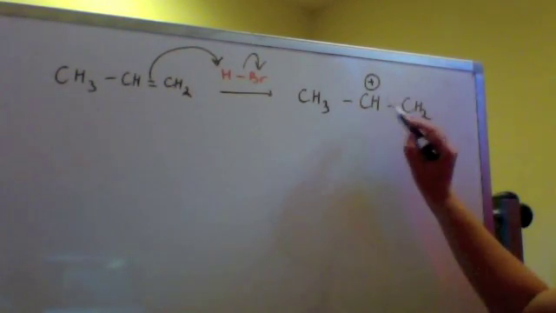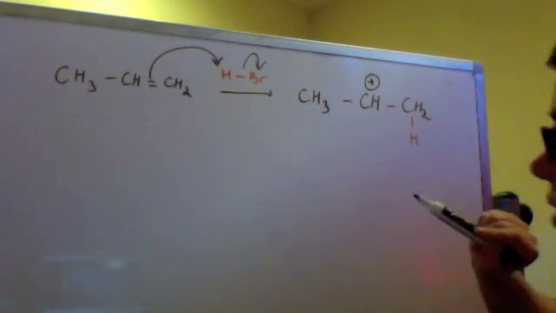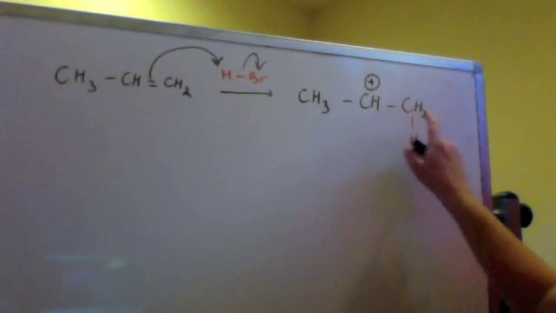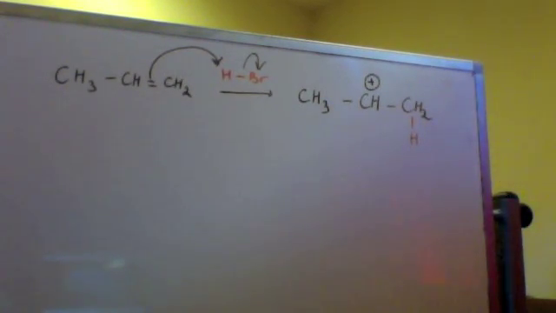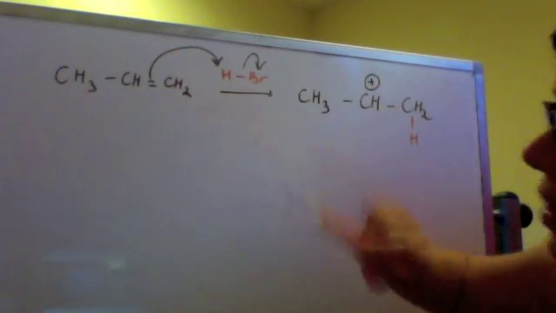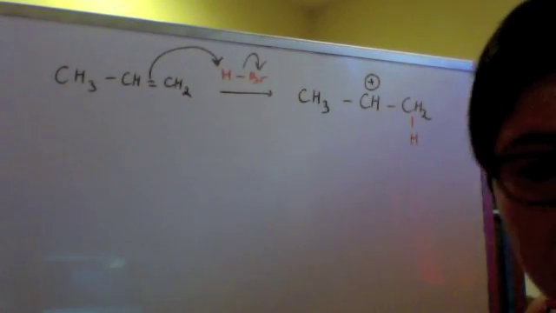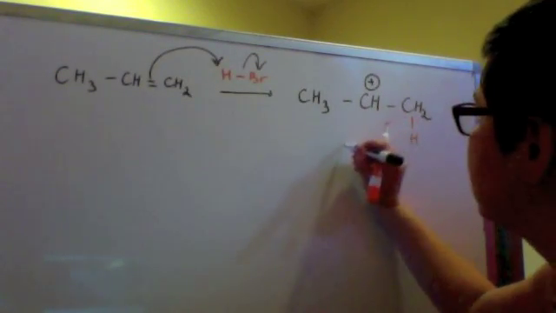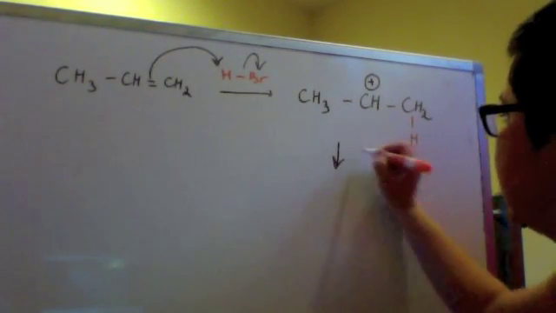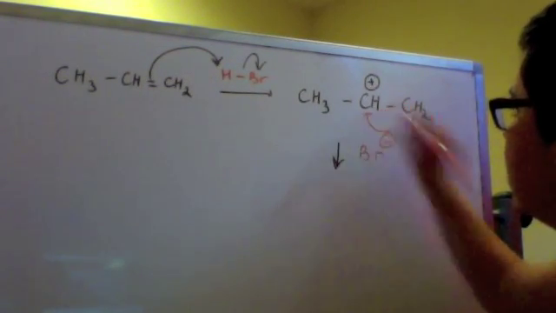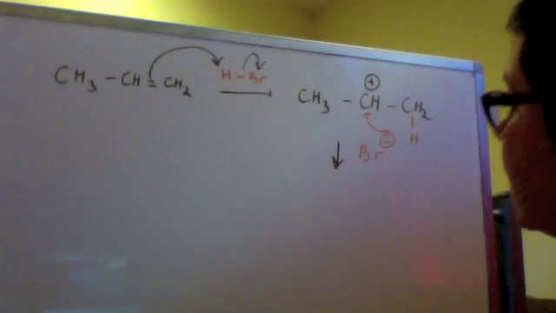Now, if we were to choose between these two carbons, we want the positive charge on a secondary carbon rather than primary. And so now, in this first step, not only did we form a bond between carbon and hydrogen, we also created an anion called Br-. So now the Br- will perform a nucleophilic attack on the carbocation and form a new bond, namely carbon-bromine.